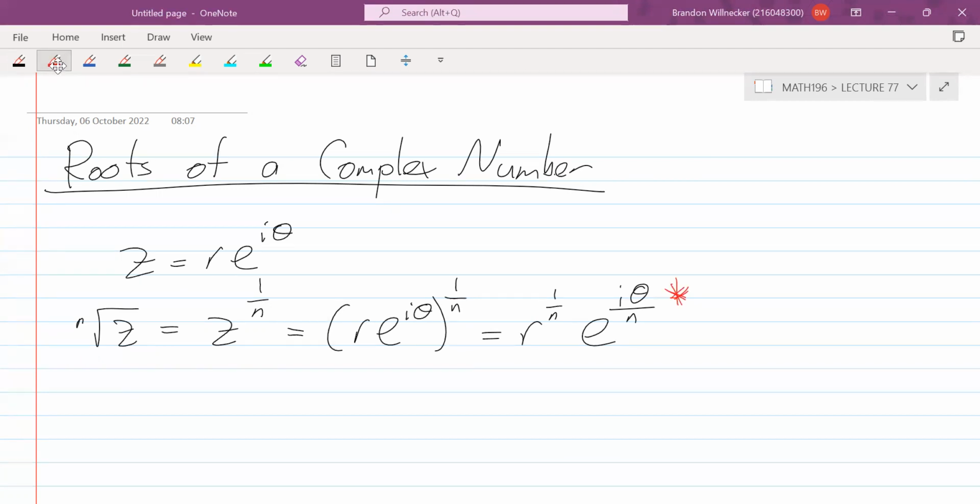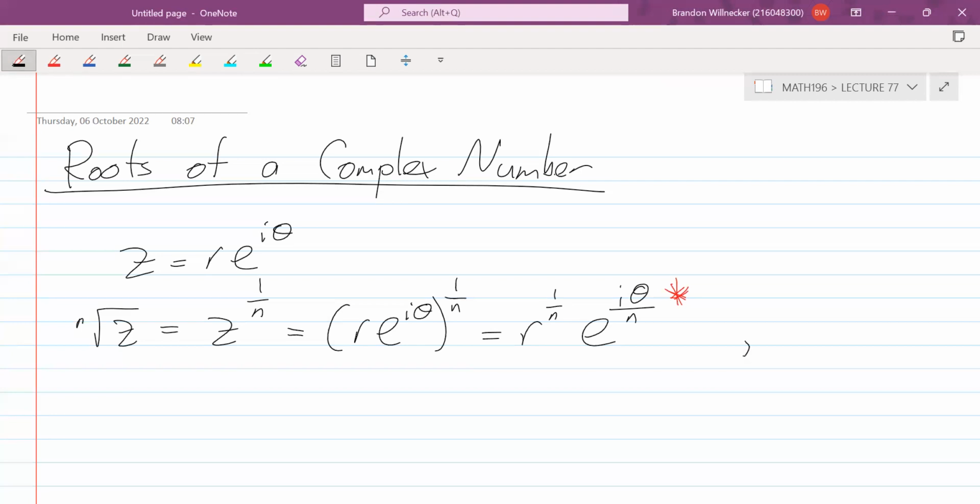We need to remember that e to the i theta is in fact 2 pi periodic, because e to the i theta is cos theta plus i sine theta. Cos theta is 2 pi periodic, sine theta is 2 pi periodic, so e to the i theta is also 2 pi periodic.